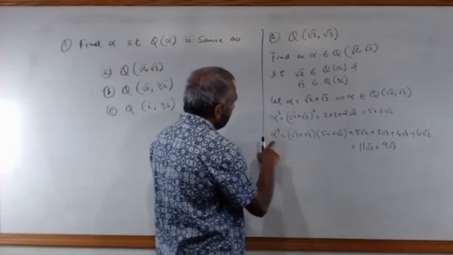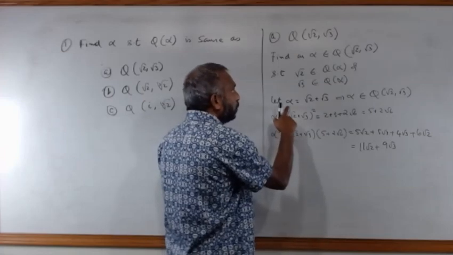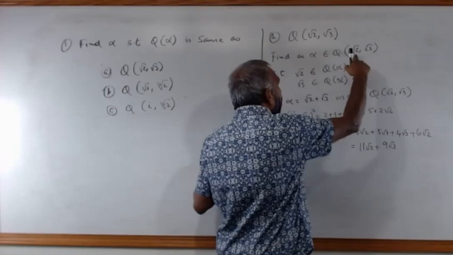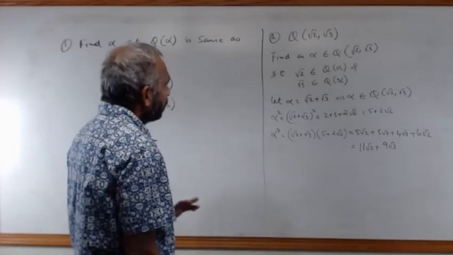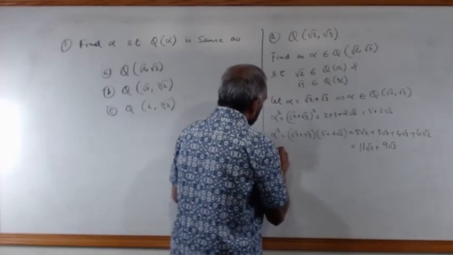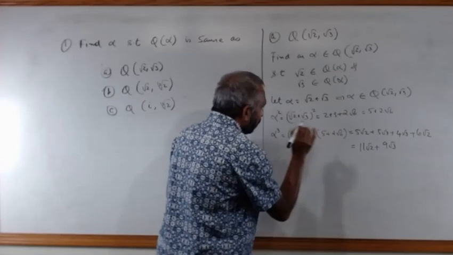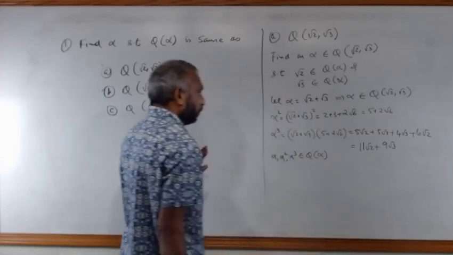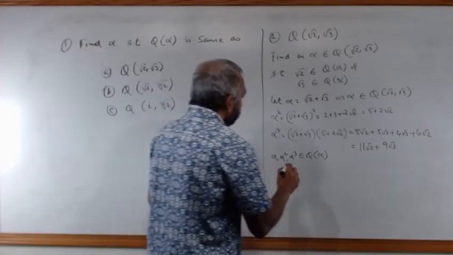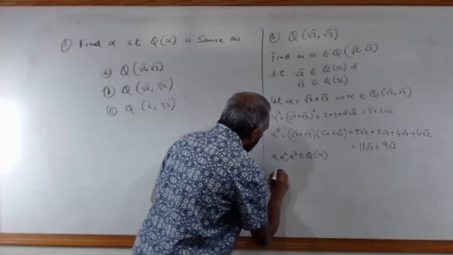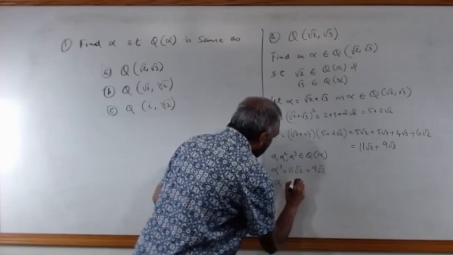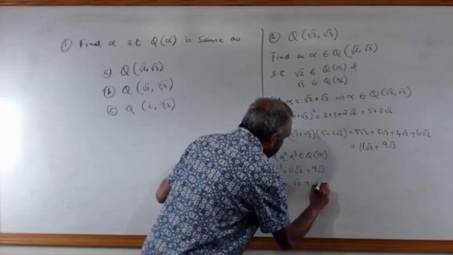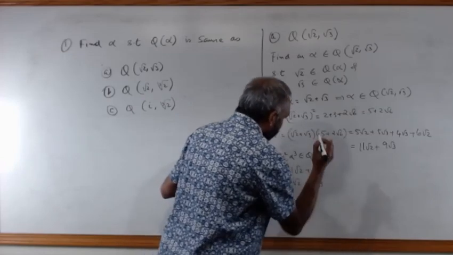Now α cubed is this. So if α belongs to Q(√2, √3), α squared and α cubed will all belong to this, and α squared and α cubed also belong to Q(α). Now α cubed is equal to 11√2 plus 9√3, and α is equal to √2 plus √3.